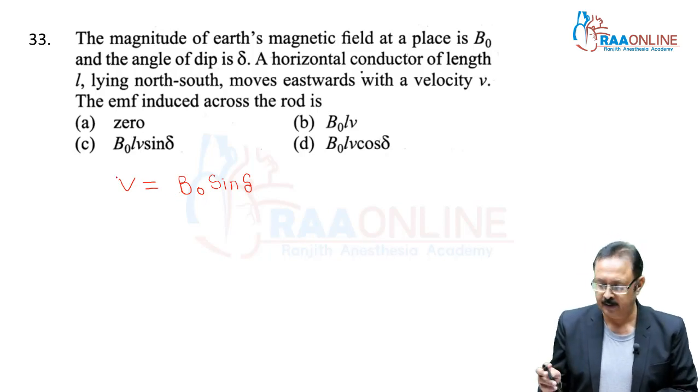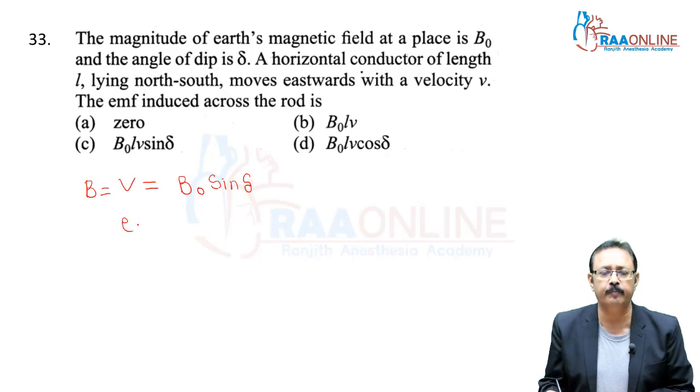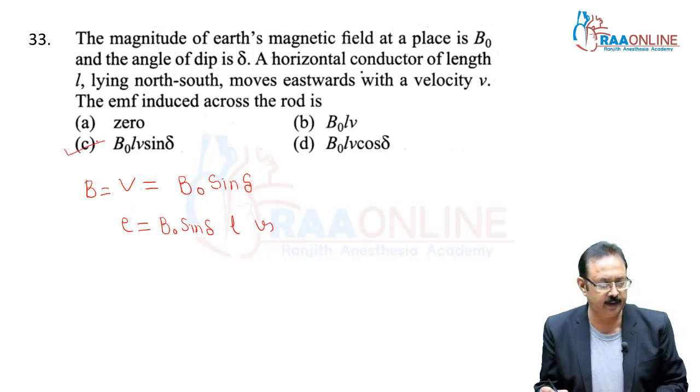Vertical component means it is your B now. And we have the formula induced EMF BLV. B means B0 sin delta, L means L, V means V. So we are going with option C, 33rd C.